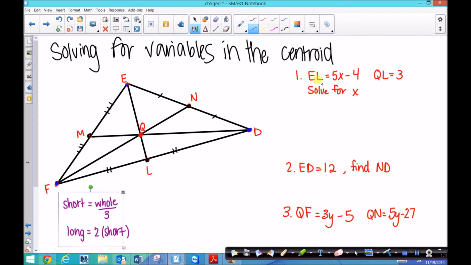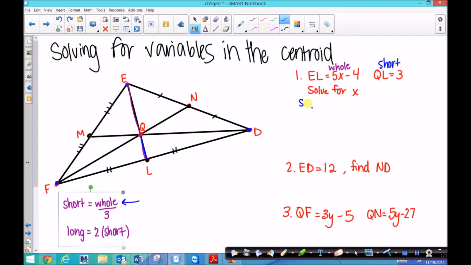So looking at the first one, it says EL. If we find EL in our picture, that's talking about a whole median. So EL is a whole, and that whole is 5x minus 4. And the other piece that we're given is QL, and QL is a short. Conveniently, we have a formula that uses a short and a whole.